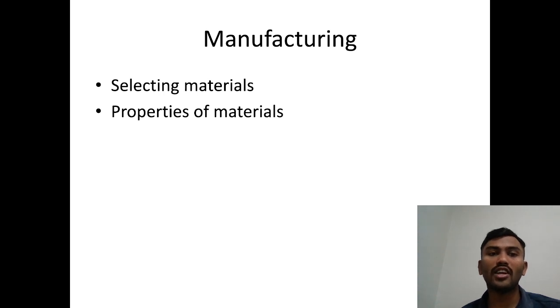So manufacturing involves selecting the material, and the properties of materials are important: thermal, chemical, physical, electrical, mechanical, and many other properties.